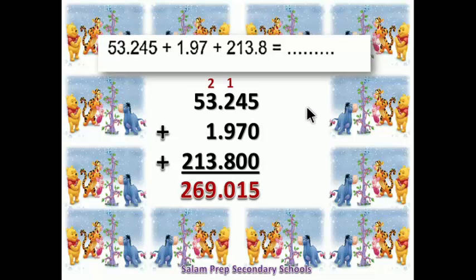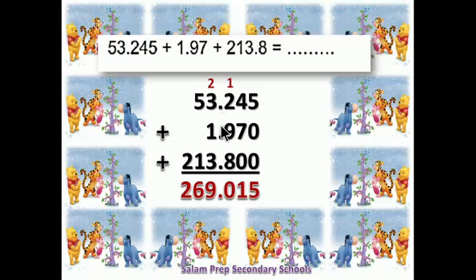In adding, we will begin with the digit on the right side. The thousandths part in decimal part. 5 plus 0 plus 0 equals 5. 4 plus 7 plus 0 equals 11. Write 1 and carry up 1. 1 plus 2 equals 3, plus 9 equals 12, plus 8 equals 20. Write 0 and carry up 2 on the next place.